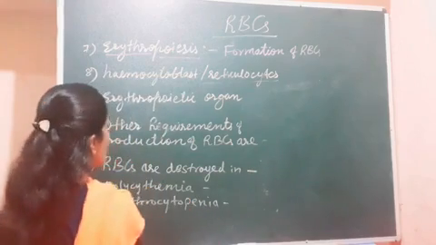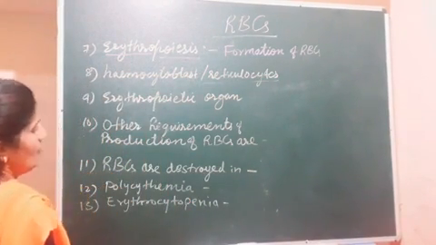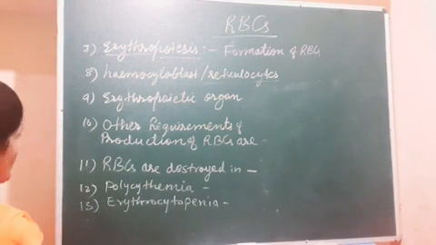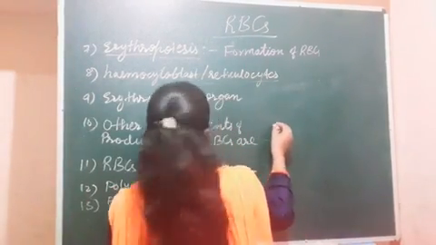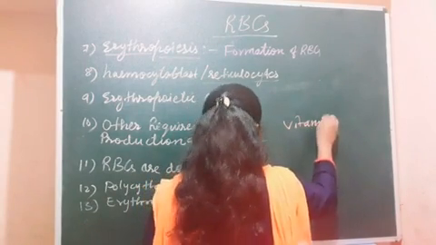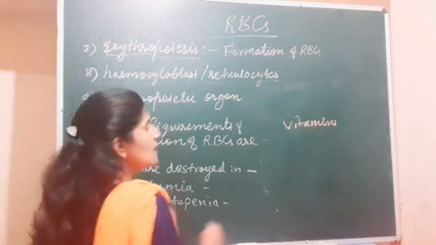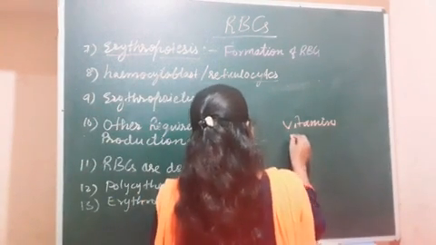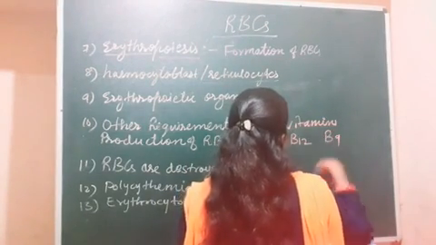Now, other requirements for the production of RBCs. What other requirements are necessary? First one is the vitamins. Which vitamins are required? Vitamin B12 and vitamin B9.